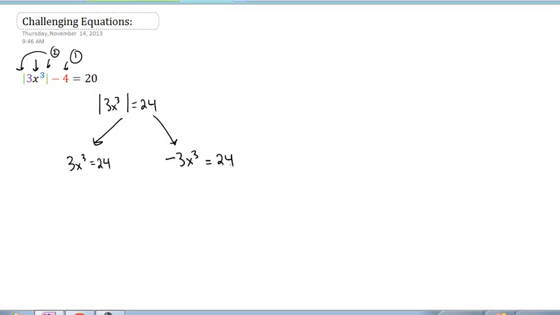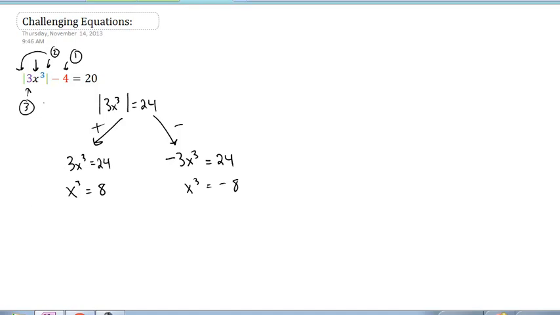I now move forward, and the next thing that I get to is this constant. In one case it's a 3 down the positive path and a -3 down the negative path, and I need to divide that away from my term, so x cubed equals 8, or x cubed equals -8.